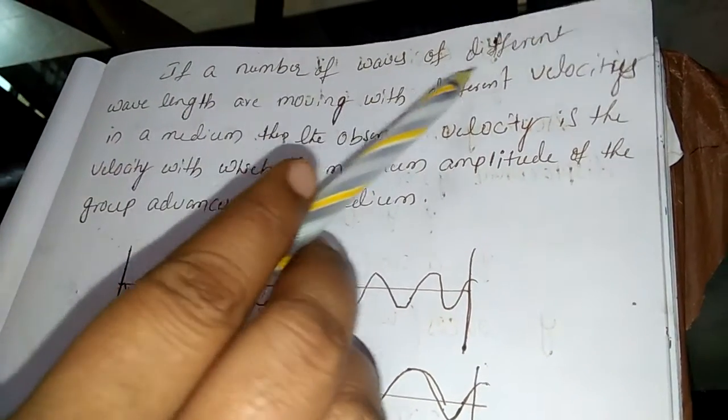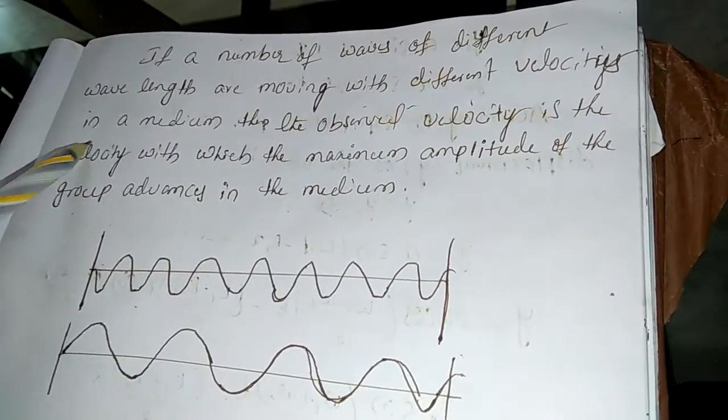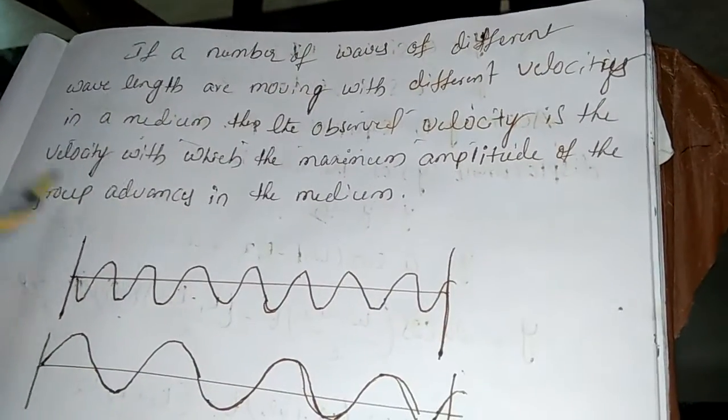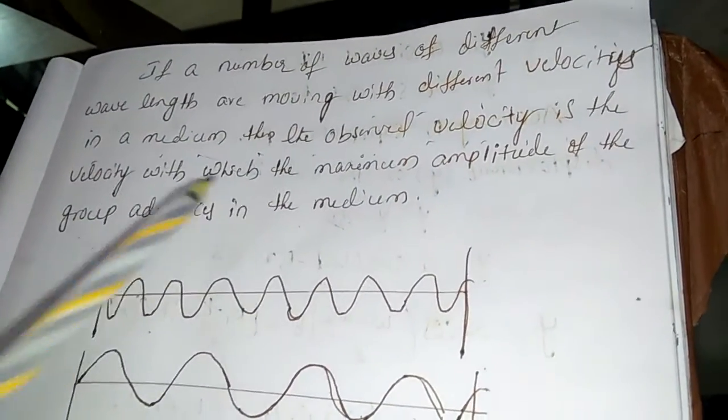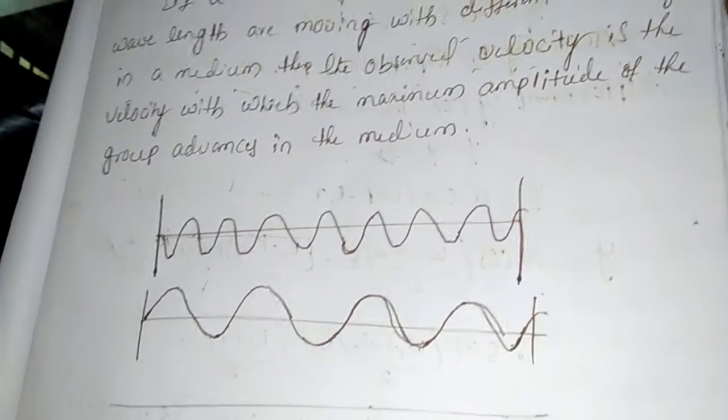If a number of waves of different wavelengths are moving with different velocities in a medium, then the observed velocity is the velocity with which the maximum amplitude of the group advances.